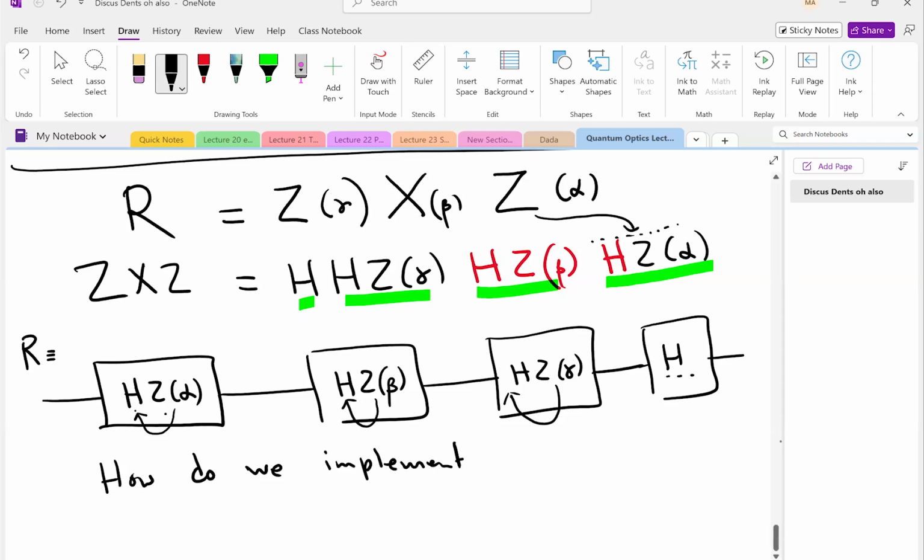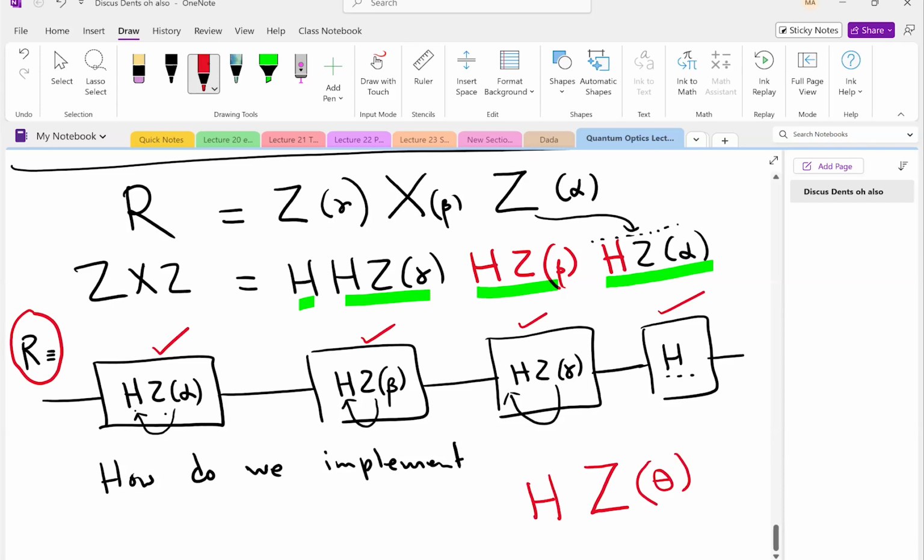So if you want to implement R, you would like to implement this gate, this gate, this gate, and a Hadamard. So we really want to have some mechanism of implementing Z, any angle, followed by a Hadamard. Now, if you look at our discussion of Hadamards, Hadamards are really doing some kind of measurement.